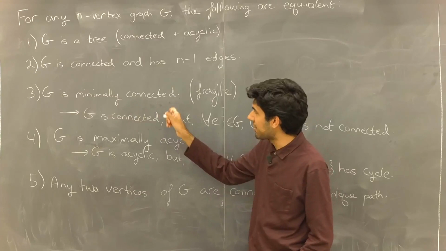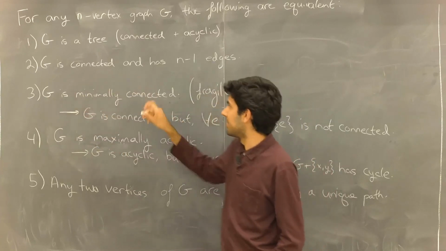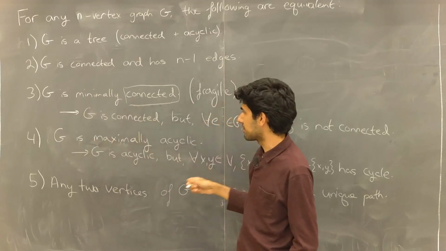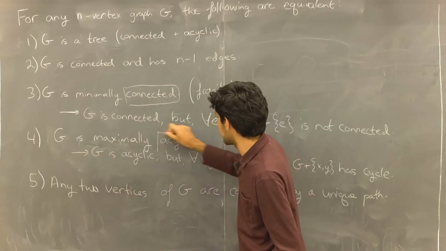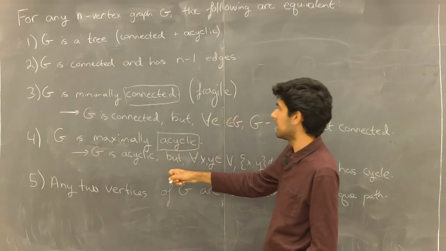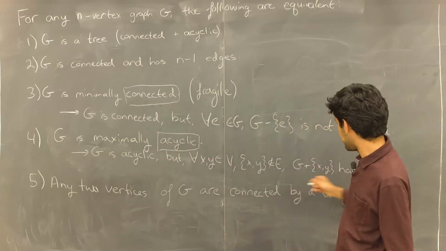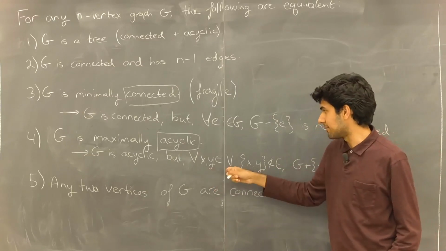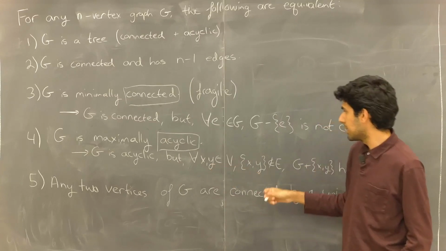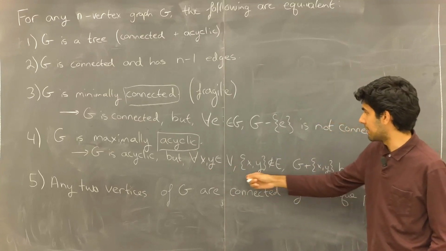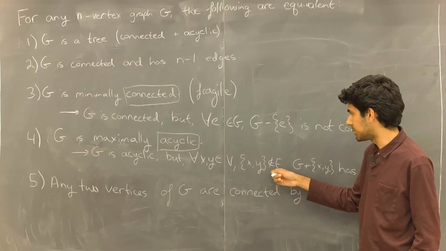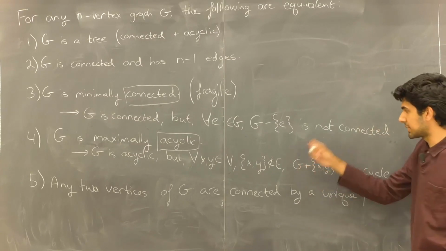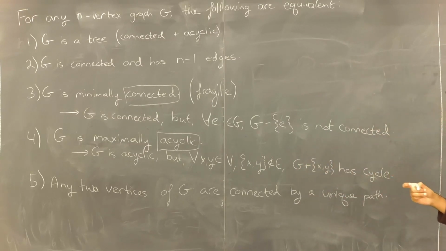Following the pattern from above, G is maximally acyclic means that G is acyclic. However, for all pairs of vertices in our graph, if they're not adjacent to each other, meaning they don't already have an edge between them, then adding that edge to the graph, the resulting graph will contain a cycle.